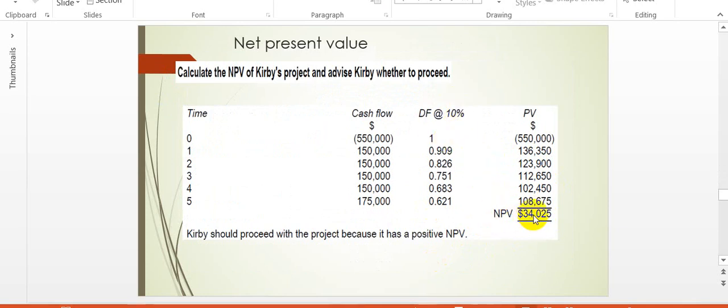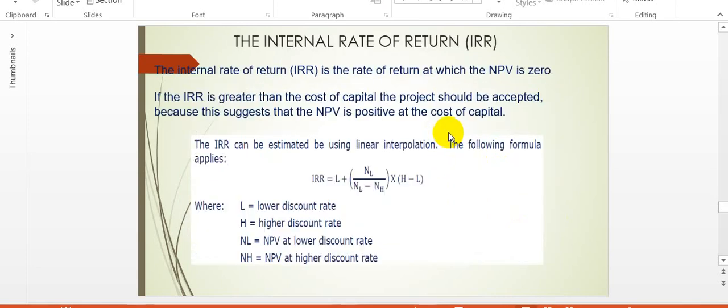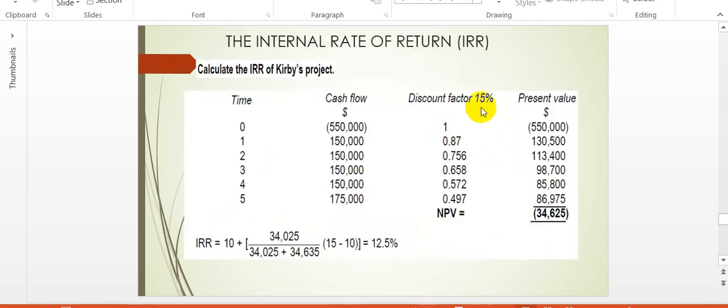So since the NPV is positive at 10%, we need a discount rate which is higher than 10%, so we got 15%. So at 15%, we get a negative NPV of 34,625.